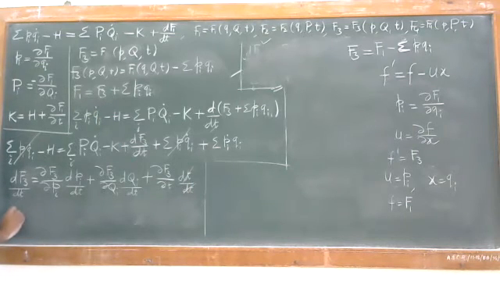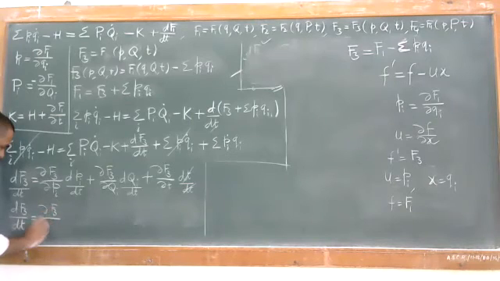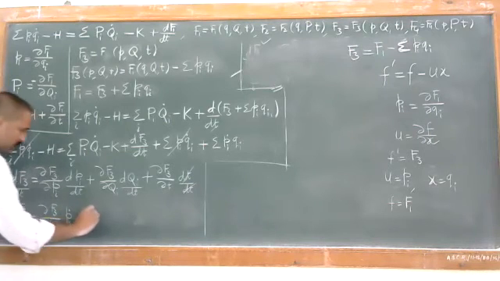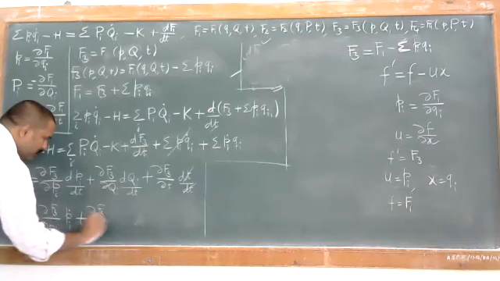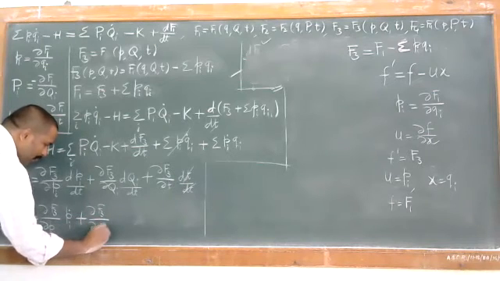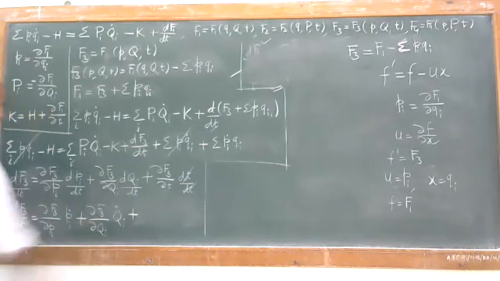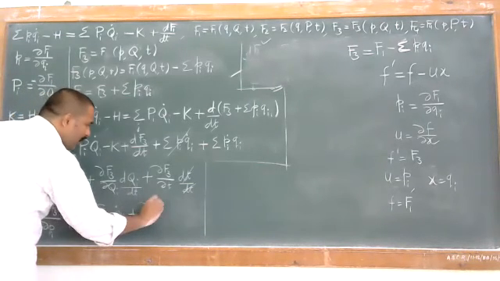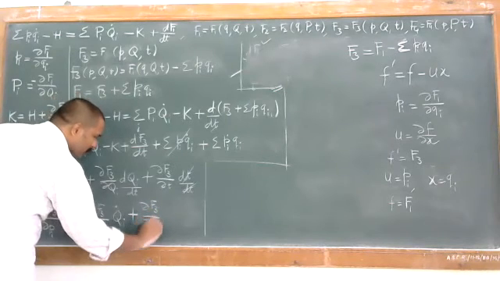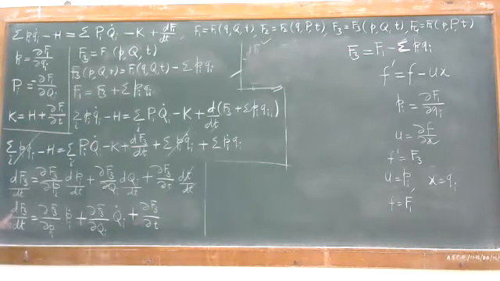We'll have the final thing: df3 by dt is equal to partial f3 by partial small p_i into p_i dot, plus partial f3 by partial capital Q_i into Q_i dot, plus partial f3 by partial t. Now this is our equation, that is df3 by dt.